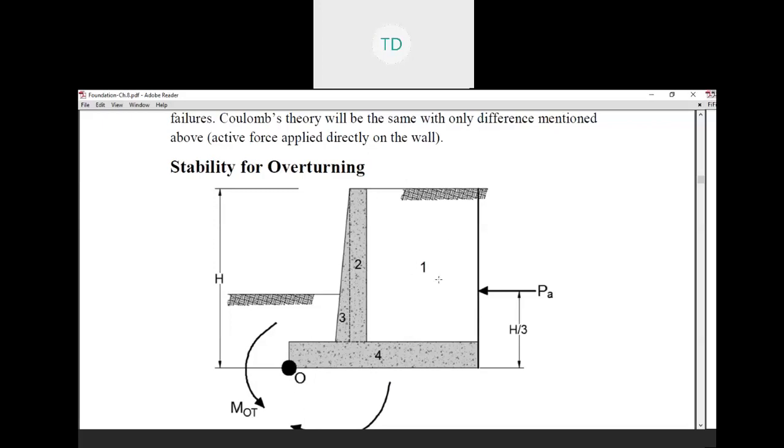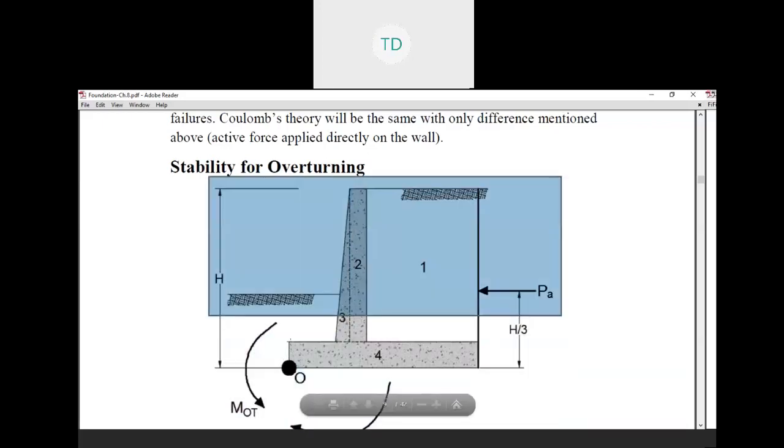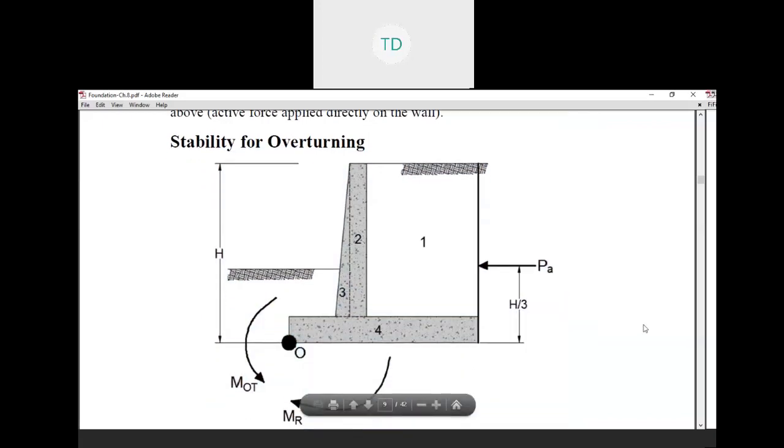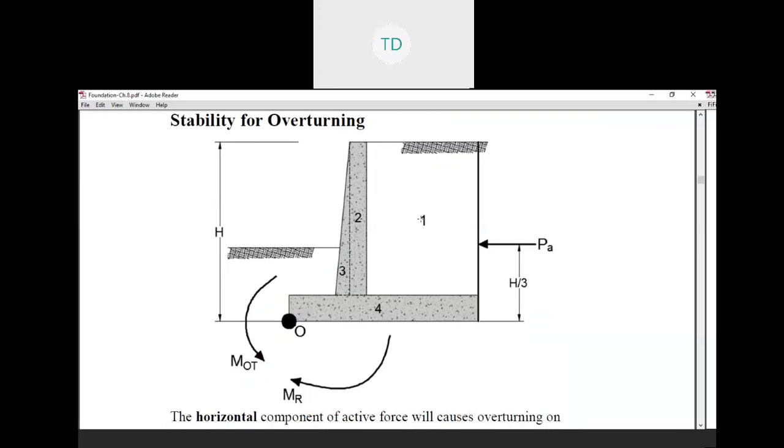Here 1 is area 1, I mark 2, area 3 is a triangle, and 4 is the area of the base, with the perpendicular distance from O. In such a case, we consider the weight of 1 as the load of area 1, and the perpendicular distance between O and the center of that area.